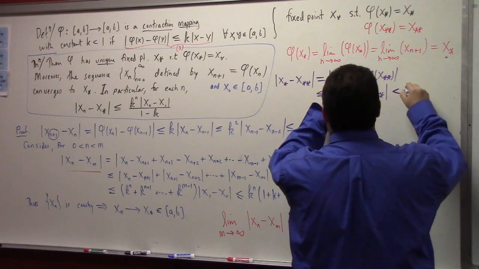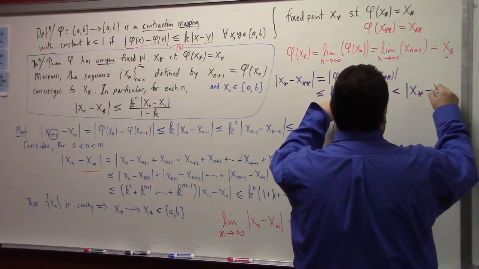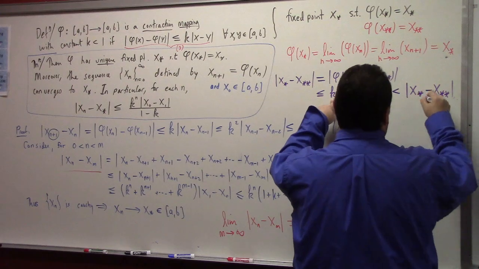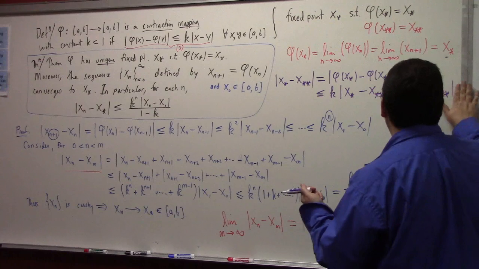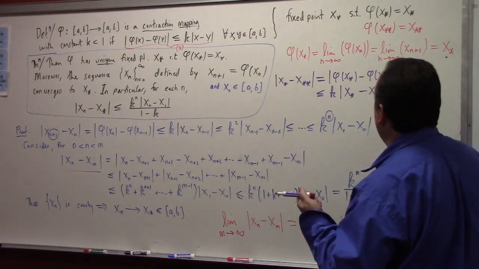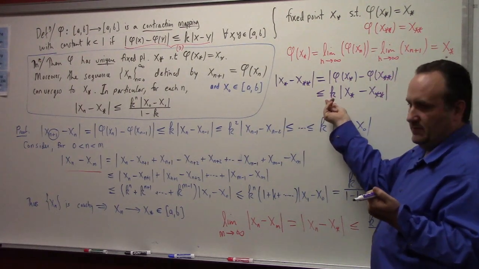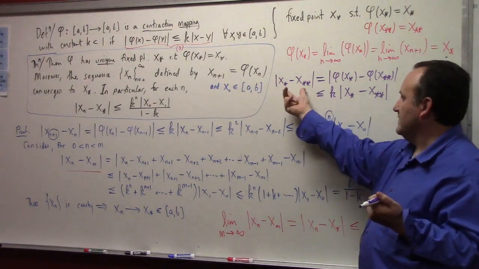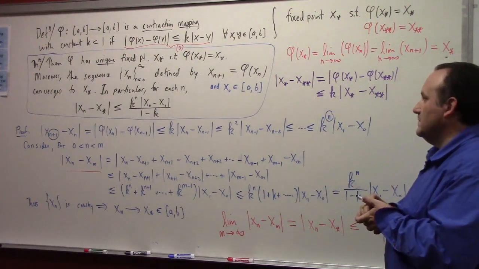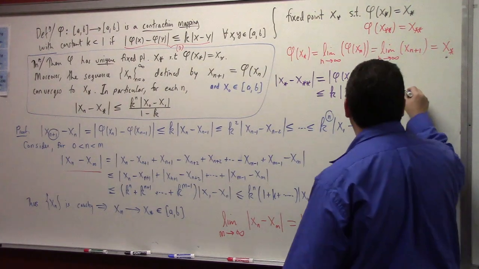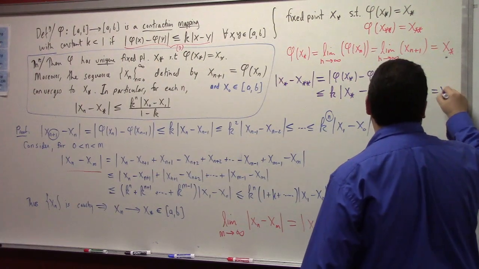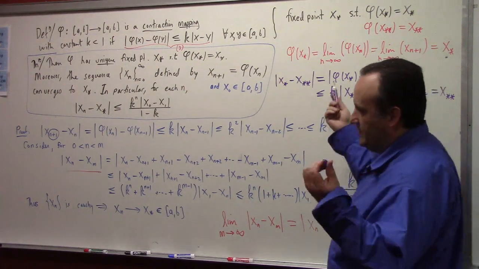So that means that this is less than. Well, anyway, I guess it's true, but I don't know if that really helps. The point is, if you look at this, since k is less than 1, it follows that this must be 0. Yeah. All right. And that's the contraction mapping theorem.